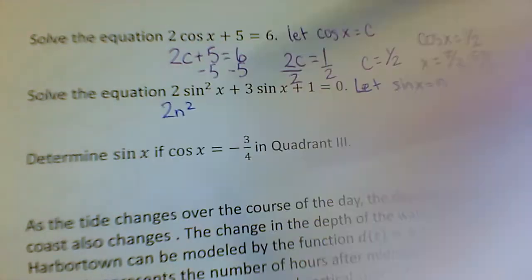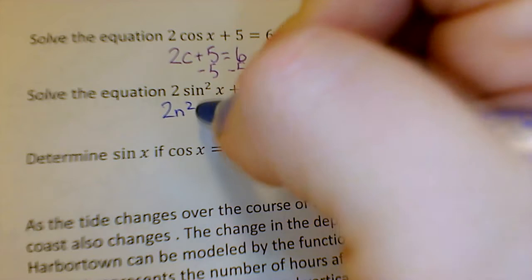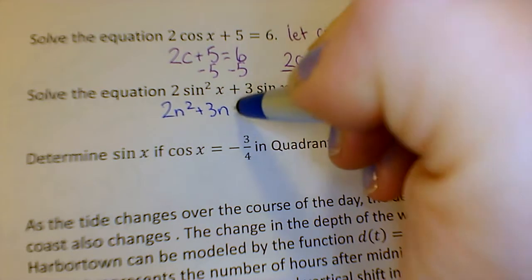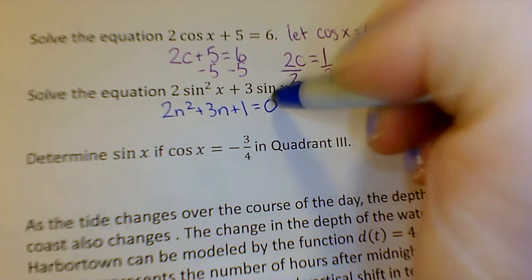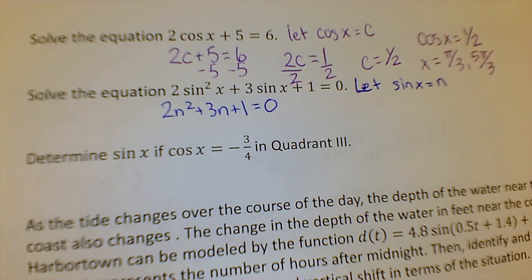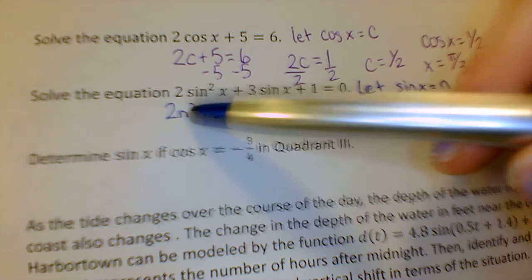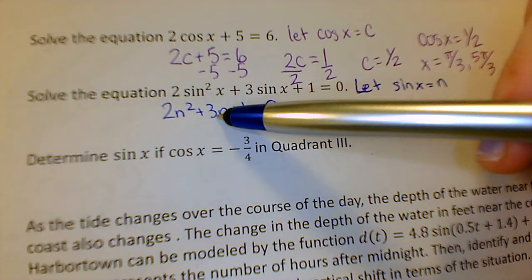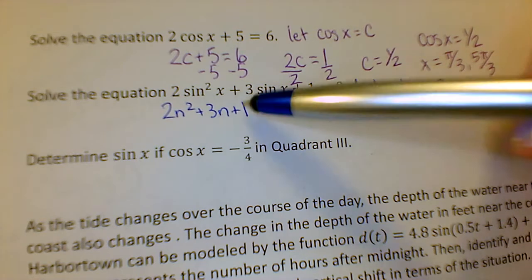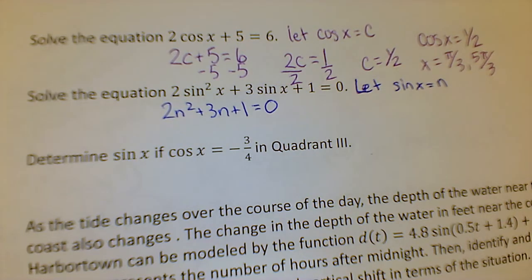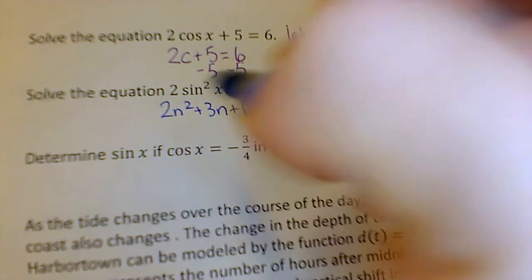So 2n squared plus 3n plus 1 equals 0. The only reason that this one is a little bit trickier than the last one is because we have to factor. We've got two terms, one is n squared, one has just n. There's no way that I'm going to get rid of those, so I have to factor in order to solve.